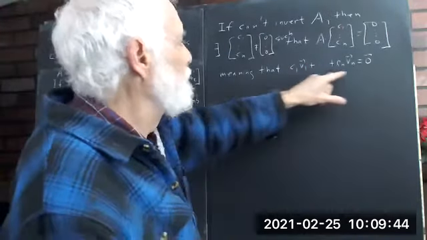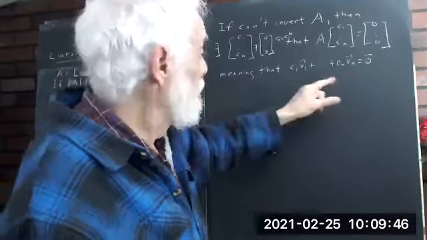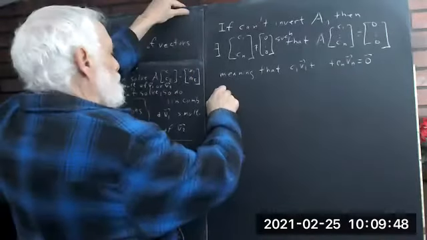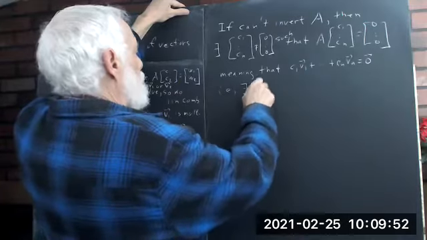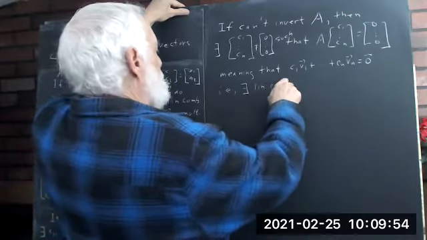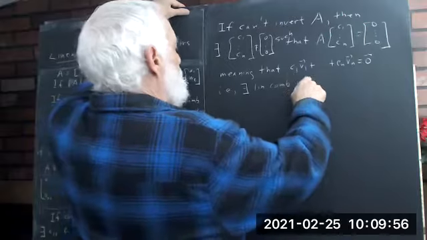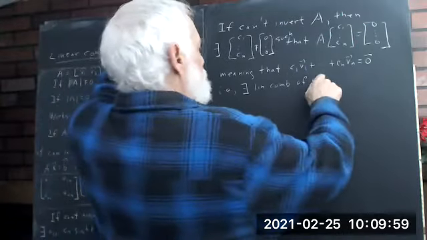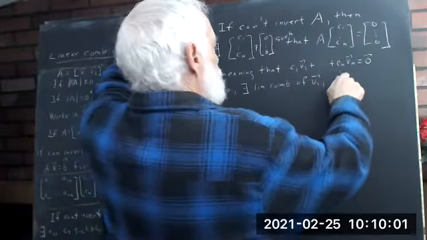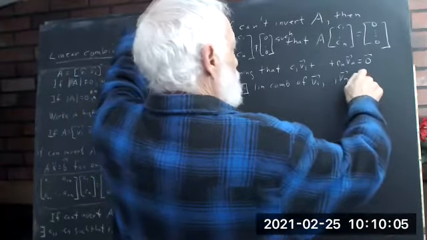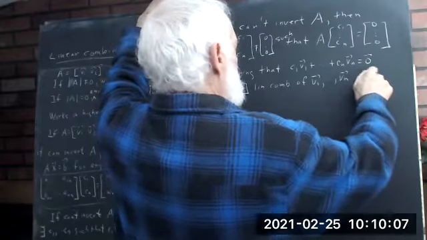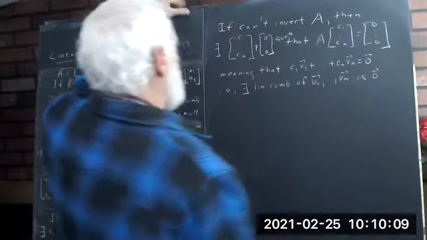Okay, so what this means is that this linear combination of the vectors v1 through vn is 0.